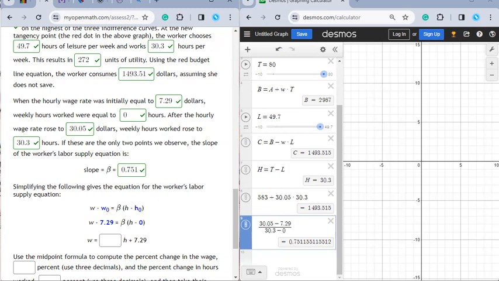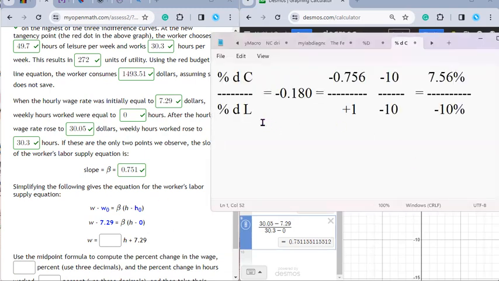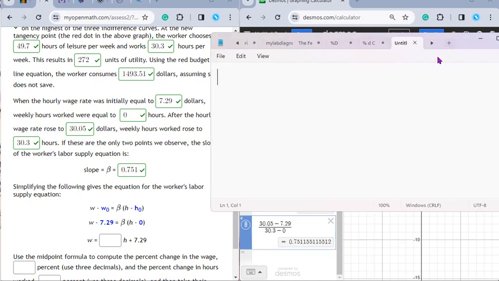So we're building a labor supply equation here, right? The labor supply equation has W on the left: wage equals some intercept, plus some slope times hours worked, right?